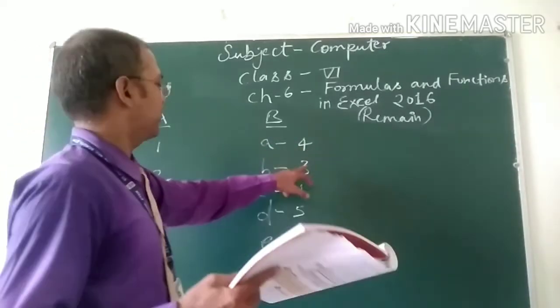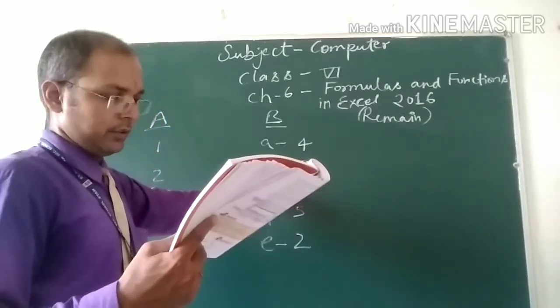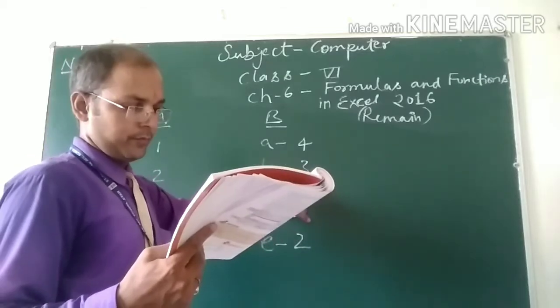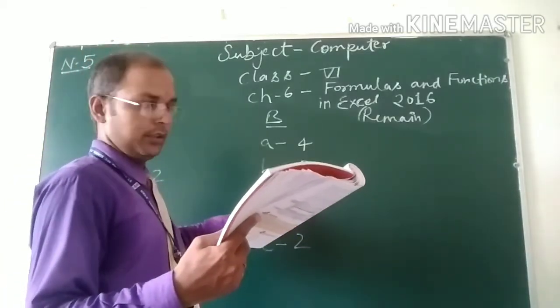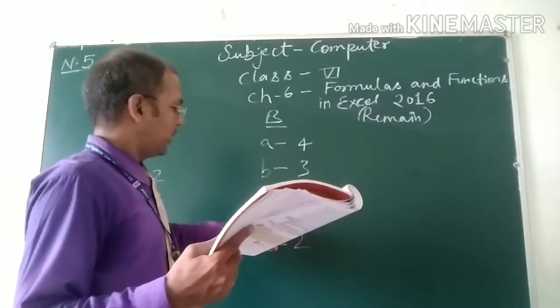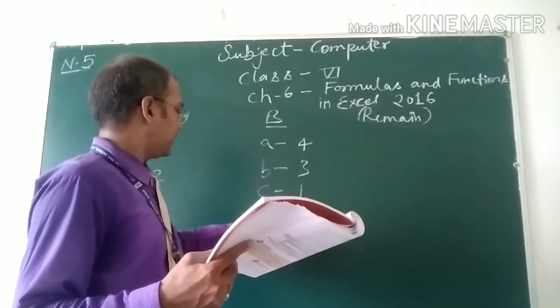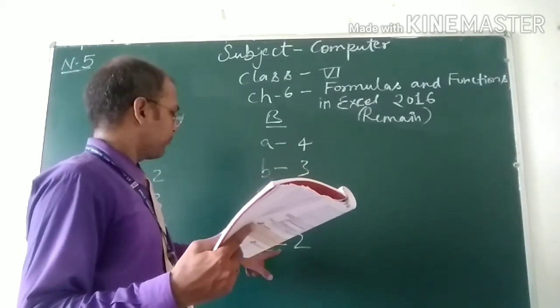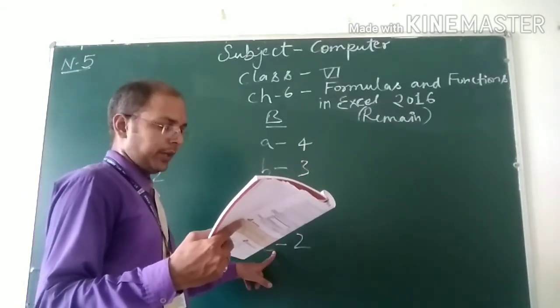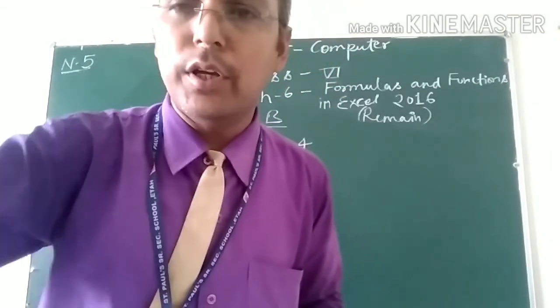Next, B, Insert Function, is the third one. C, the Cancel button, matches 1, the cross sign. D, the AutoFill handle, is number 5. E, the Enter button, is the sign number 2. Okay, bye bye.